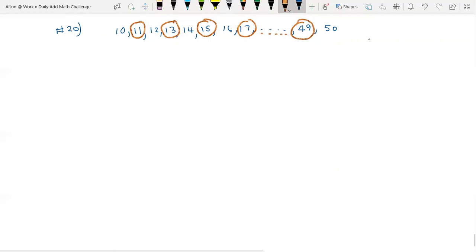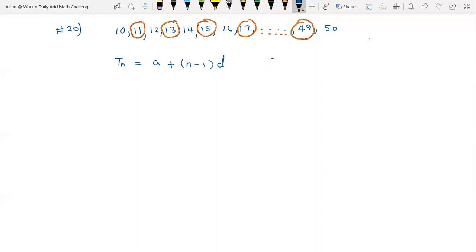All right, now let's see if we can find the correct formula to use here. Tn is equal to A plus n minus 1 by D. That will be a useful formula.